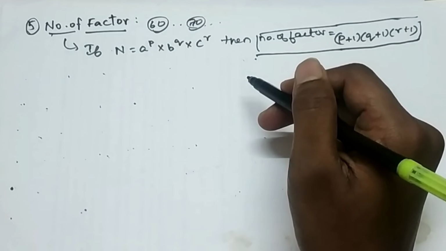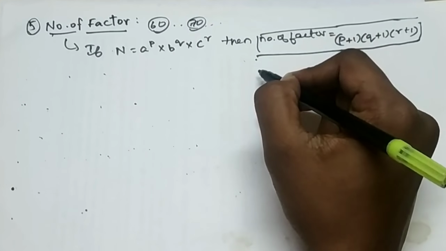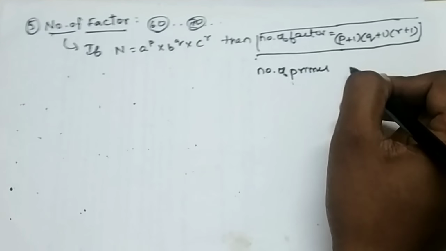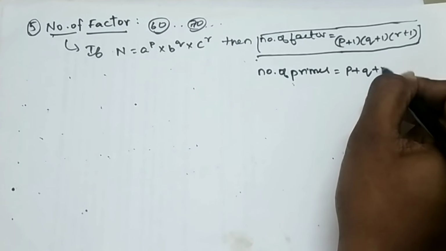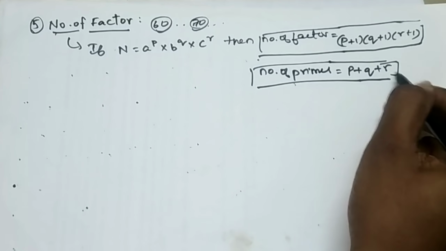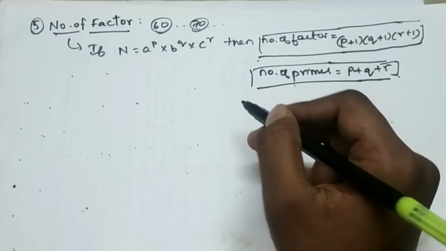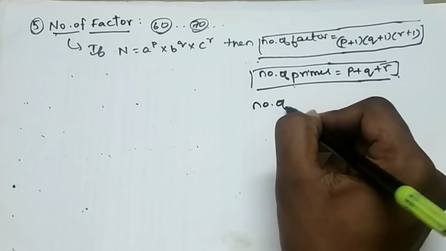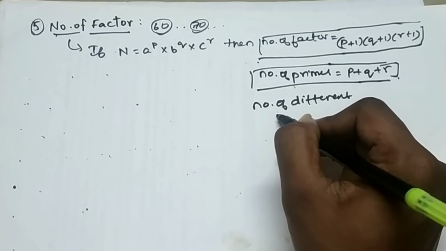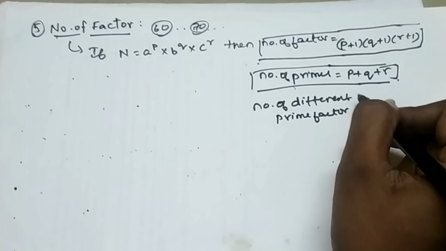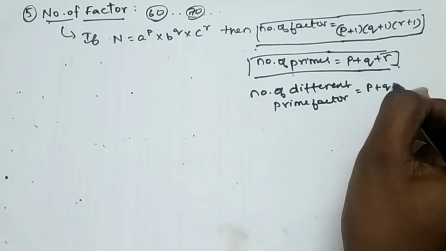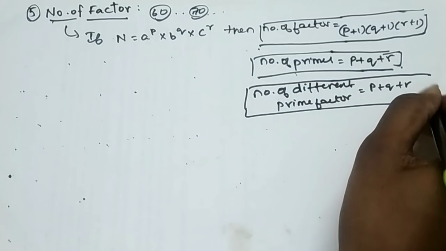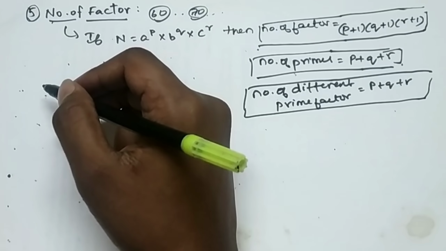Let us go ahead with the number of primes. The number of primes will be p + q + r. We will also see the number of different prime numbers, which is the count of different primes used in the formula. Let us see an example here.